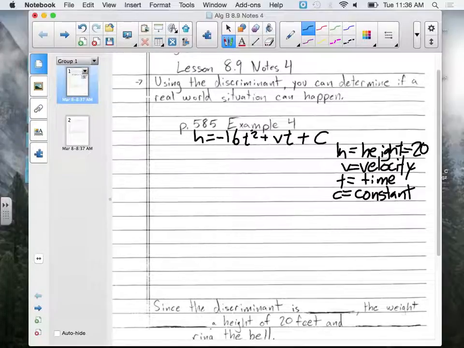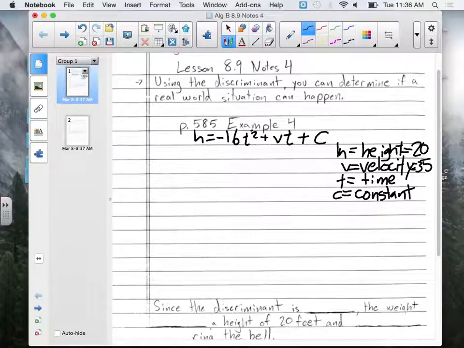So what's our velocity? What do they tell us is our velocity? 35. All right, do they give us a specific time? No, they don't. Actually, we're not even asked to find that.